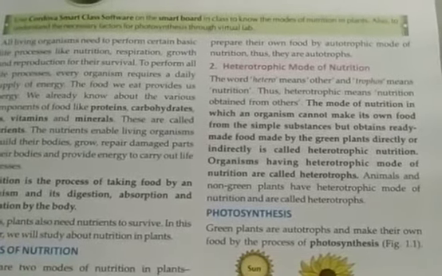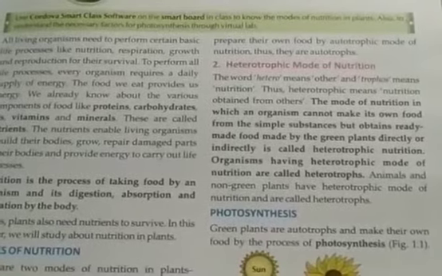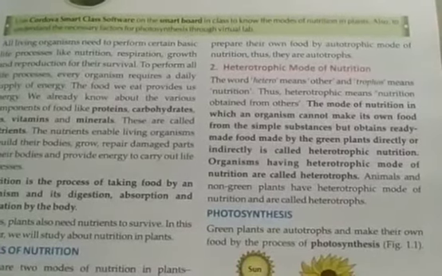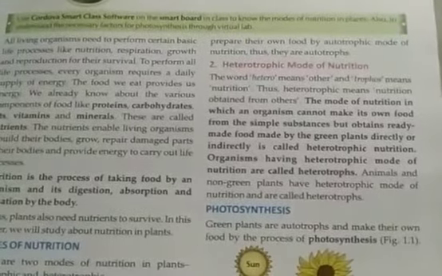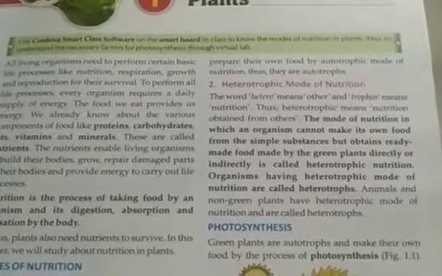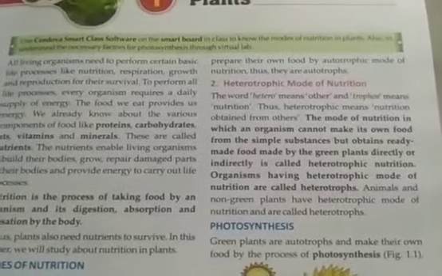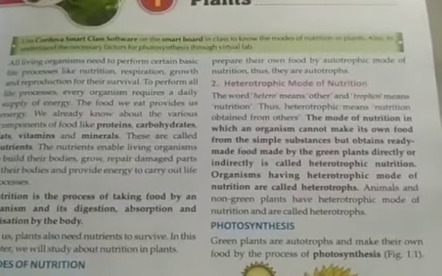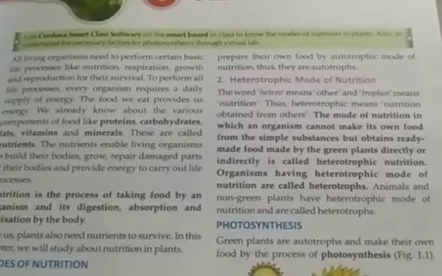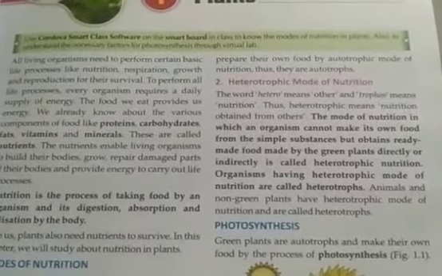So the mode of nutrition in which an organism cannot make its own food from simple substances but obtains ready-made food from green plants, directly or indirectly, is called heterotrophic mode of nutrition. And the organisms which perform it are called heterotrophs.